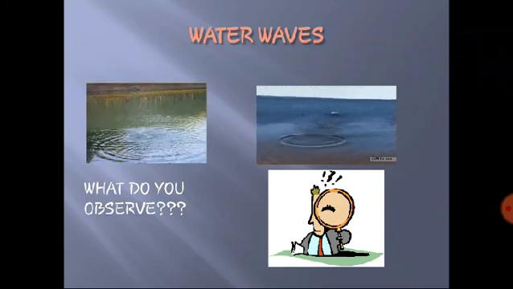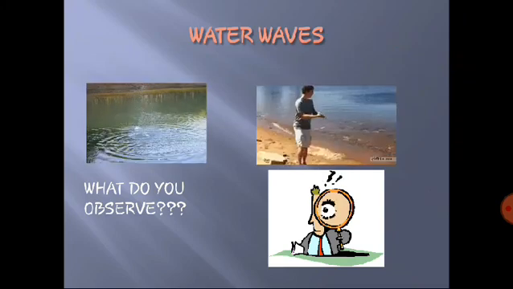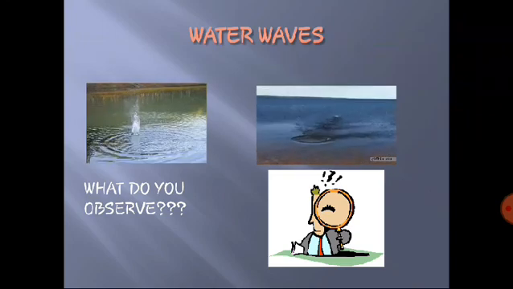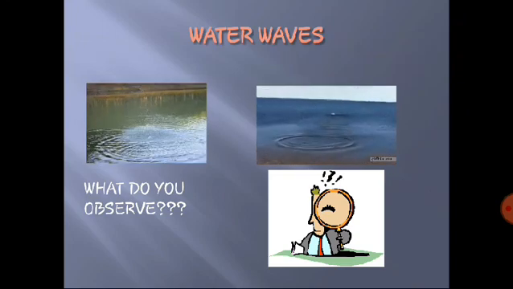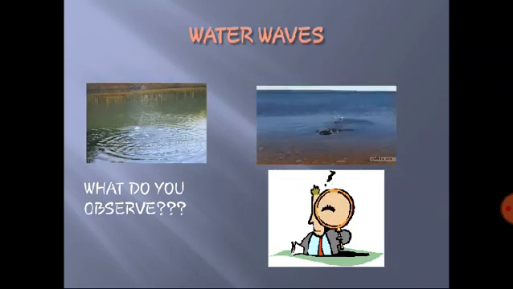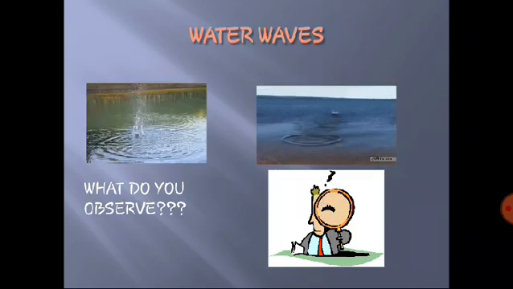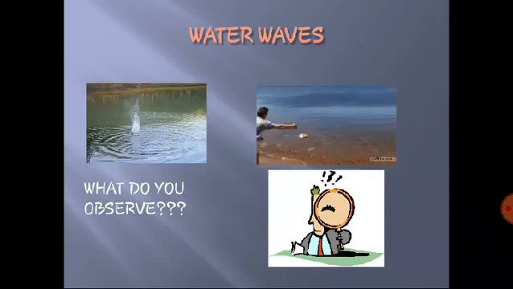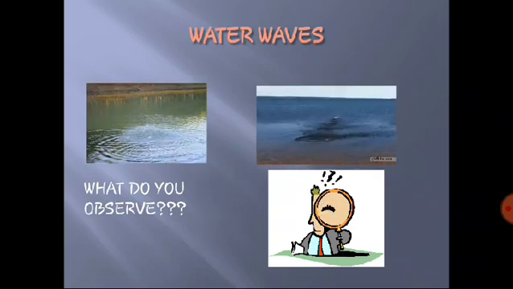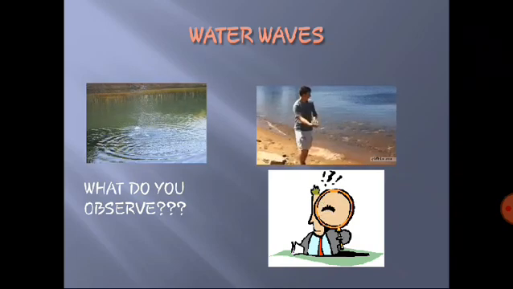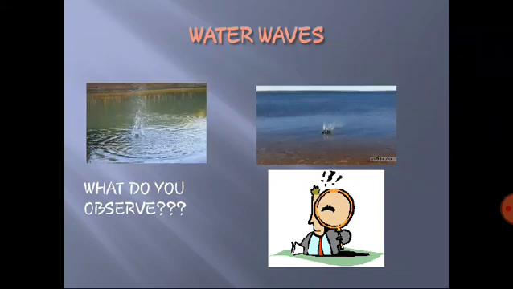Yes, when you drop a stone, it will create many ripples, right? So the first circle, which is very near to the stone, will have the same speed throughout, but a different speed than the second circle. The second circle will have a different speed, and the third circle a different speed again.